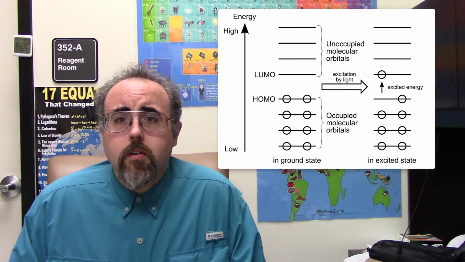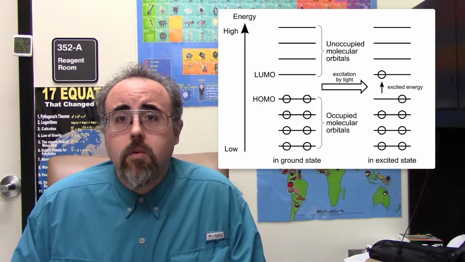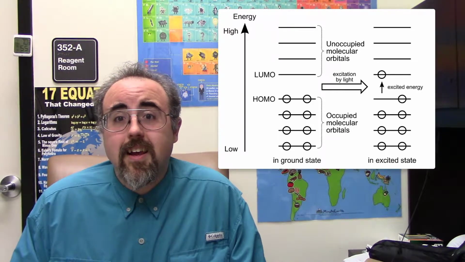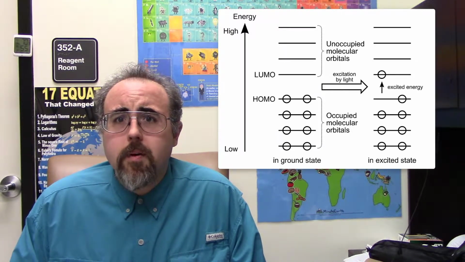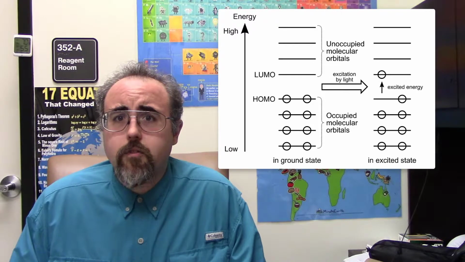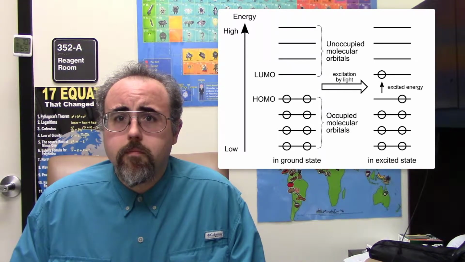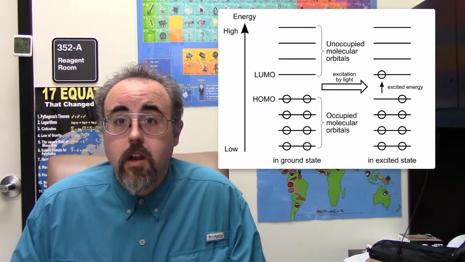The other orbital in question is the one just above it, the lowest energy molecular orbital that doesn't have electrons in it, or the lowest unoccupied molecular orbital, LUMO. The HOMO-LUMO gap shows a lot of spectral characteristics, as the jump between those two can quite often be one of the most important spectral characteristics of your molecule.